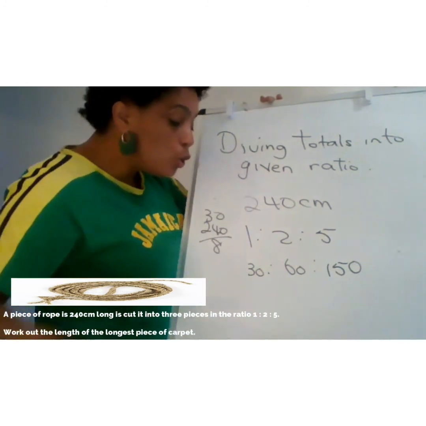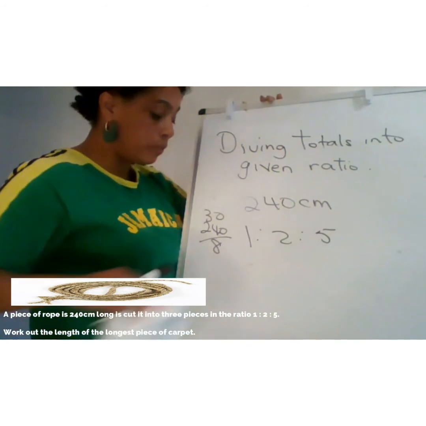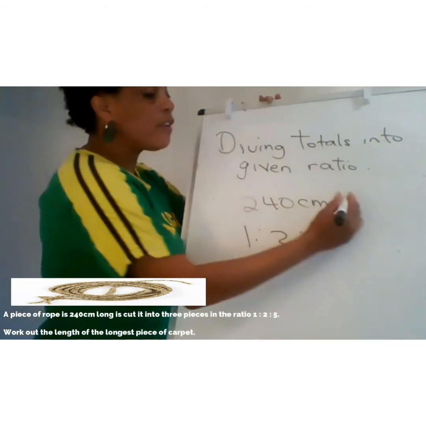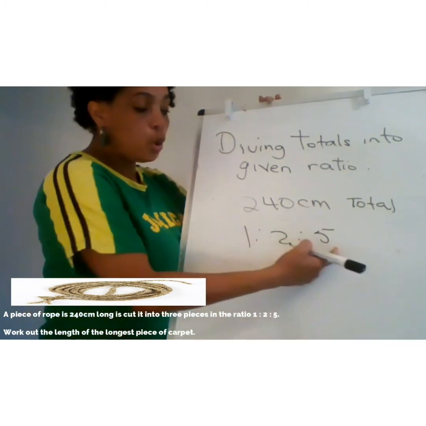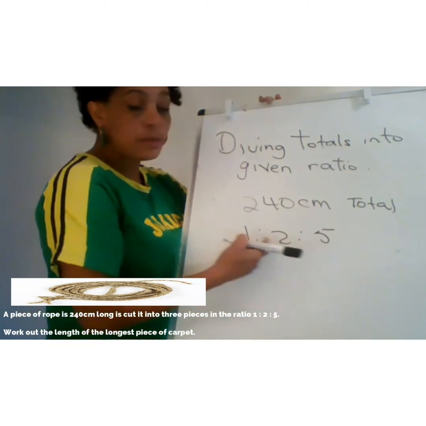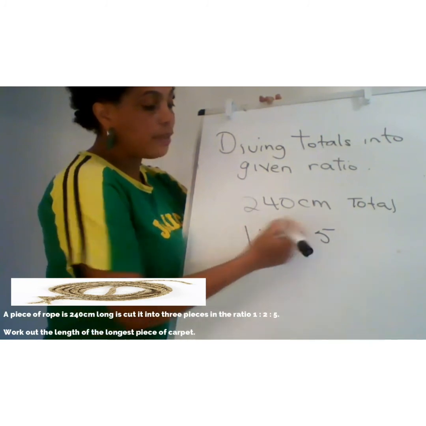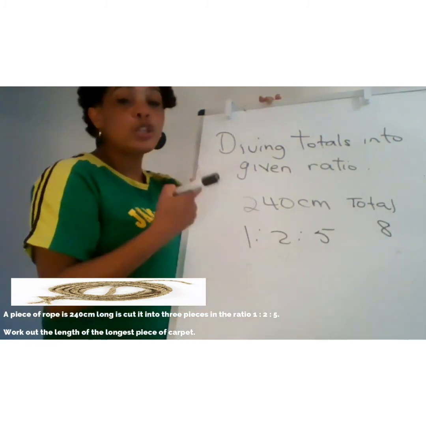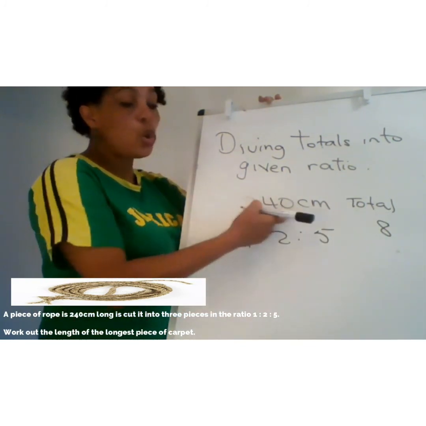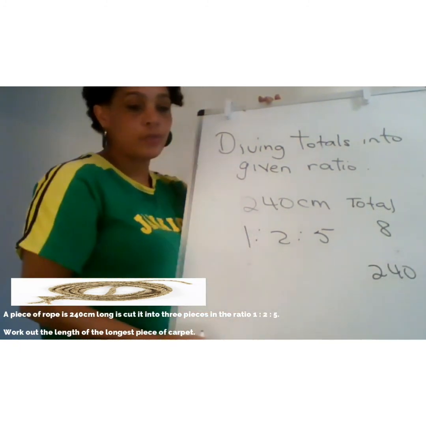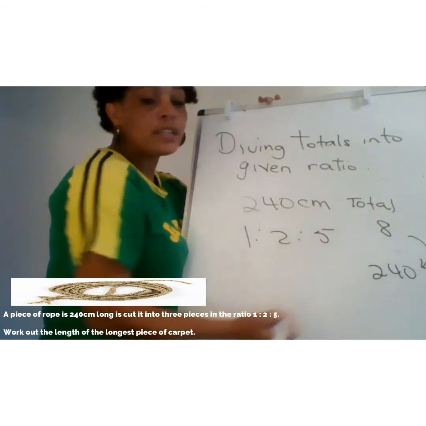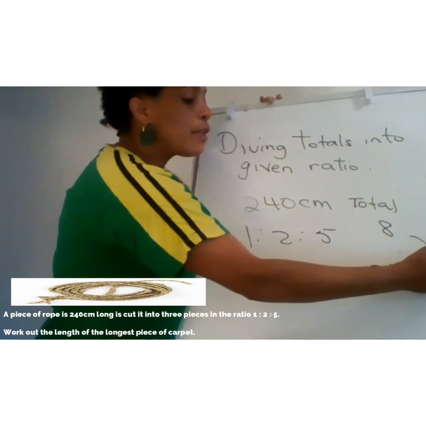And again, you could use a table to help you with this. Because they've given you the total, you're calling this part total. The total number of parts is 5, 6, 7, 8. The total length of the rope is 240. What do I do from 8 to get to 240? Times it by 30.